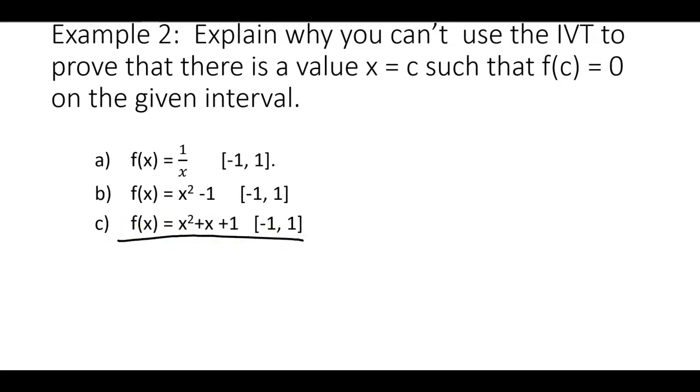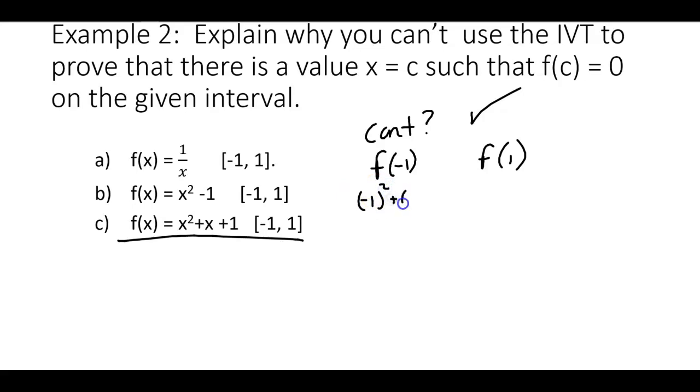Is it continuous on the interval? Yes, it is, because it's a polynomial once again. All right, how about f of -1 and f of 1? Let's see what happens with those this time, because we've got to make sure those two y values come out different. So I'm going to do -1 squared plus -1 plus 1. And then for f of 1, we're going to have 1 squared plus 1 plus 1.